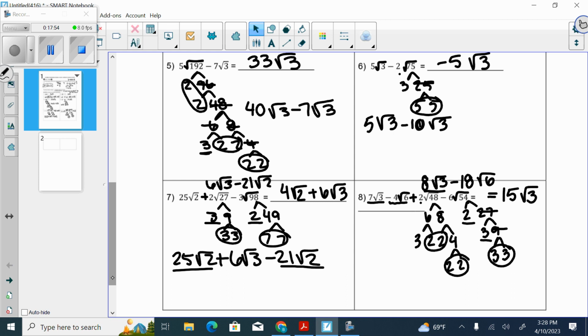Anything like that? Negative 18 square root of 6. So what is negative 4 minus 18? Negative 22. So I'll have negative 22 square root of 6. Okay, so our rules are, first thing we do is simplify it if we can, like what we learned how to do last week, and then go back and combine anything that matches. All right?